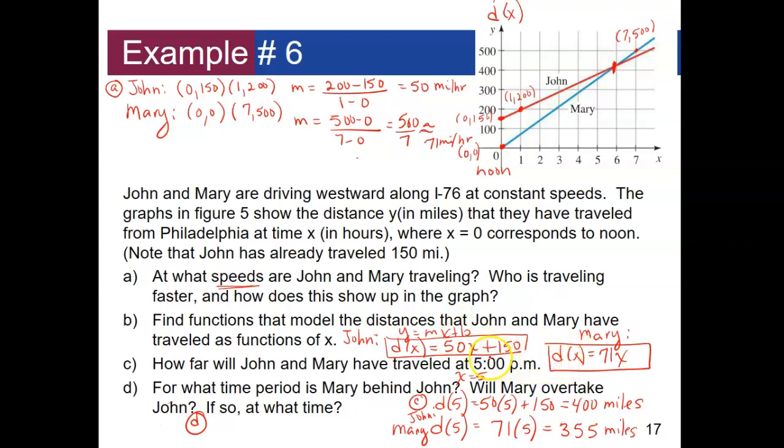The problem with doing that is this scale is so large that we may not get a very exact answer. So I would just look here at the graph and see when Mary's able to overtake John. It looks like about 6 o'clock. So after 6 o'clock is when she's able to overtake him. Mary's behind John up until 6 o'clock, and then after that she's going to be ahead of John.